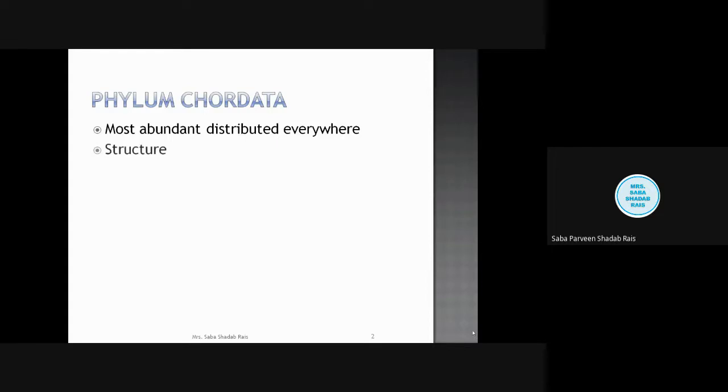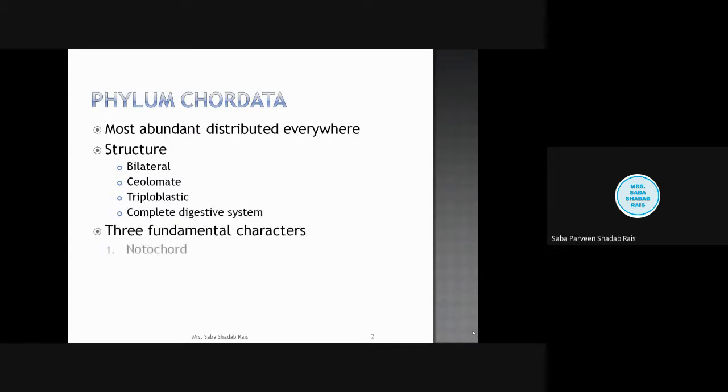Most abundant, distributed everywhere. They are bilateral, coelomate, triploblastic, with a complete digestive system, and three fundamental characters. Anyone who forgets will be thrown out of the class. That is the notochord, dorsal nerve cord, and pharyngeal gill slit.